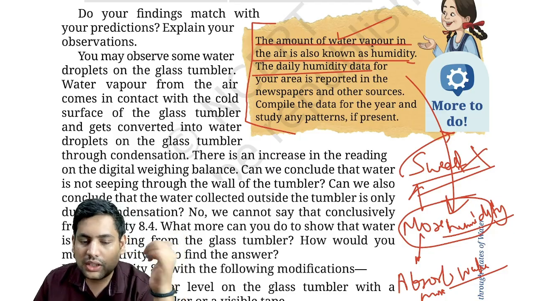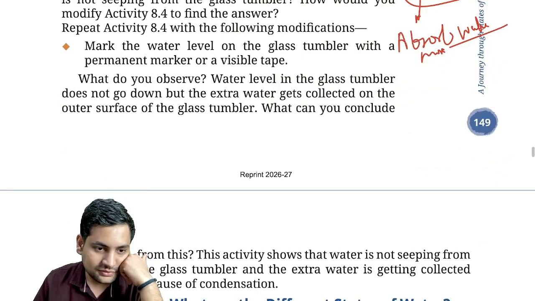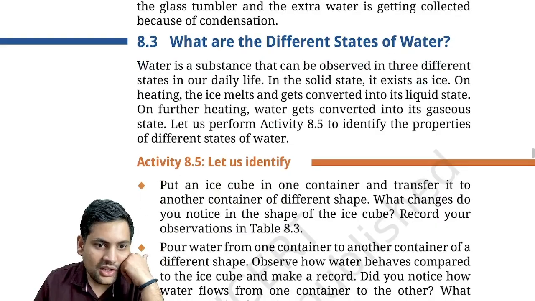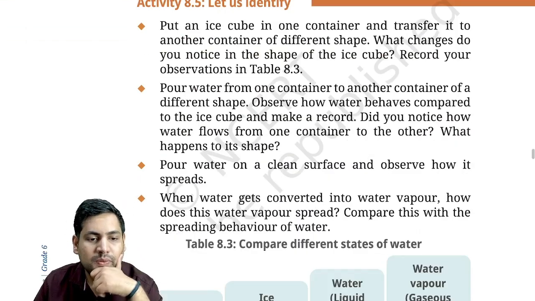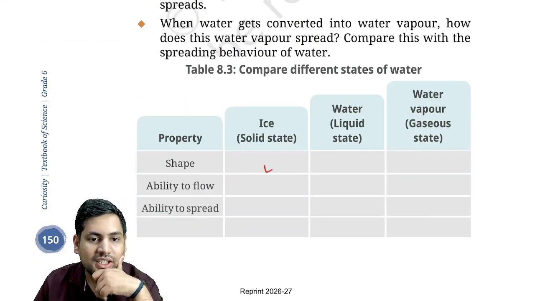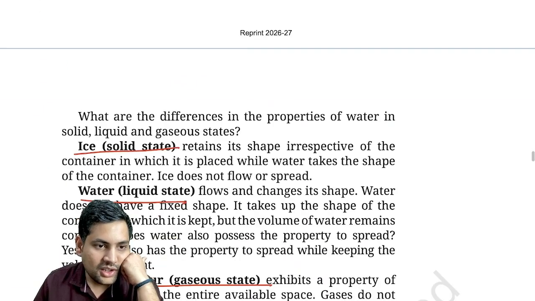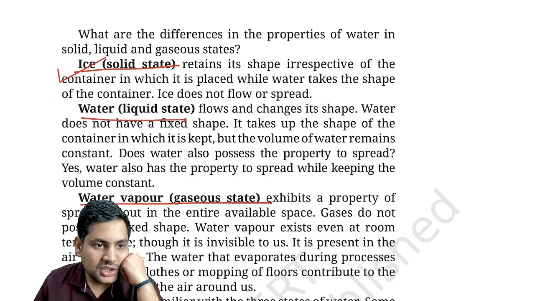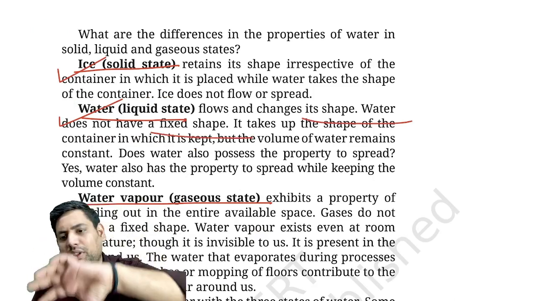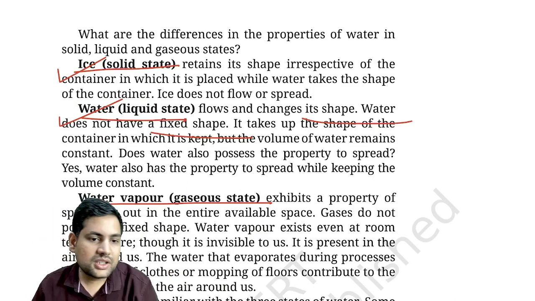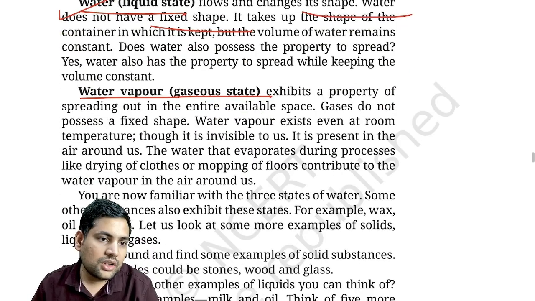Okay, so this is what we know as humidity. Then it talks about different states of water. So there is ice, there is water, there is water vapor. Very simple. Ice is the solid state, water is the liquid state. It does not have any fixed shape. Correct? Water you put in anywhere, that shape it takes. Then you have water vapor.